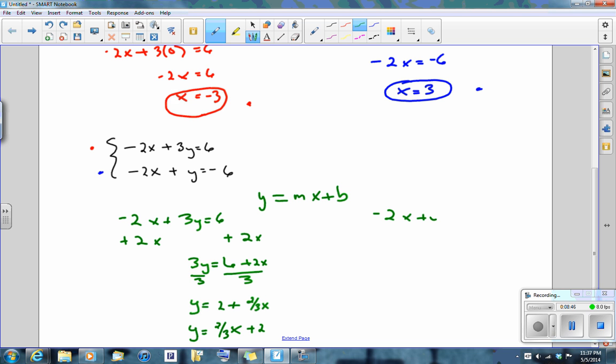For the other equation, negative 2x plus y, here we'll add 2x to both sides. So we get y alone, negative 6 plus 2x. And again, since addition is commutative, we can just move those terms around. Now the equations are in slope-intercept form.